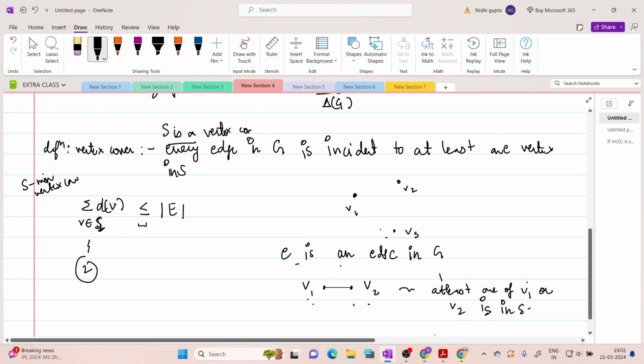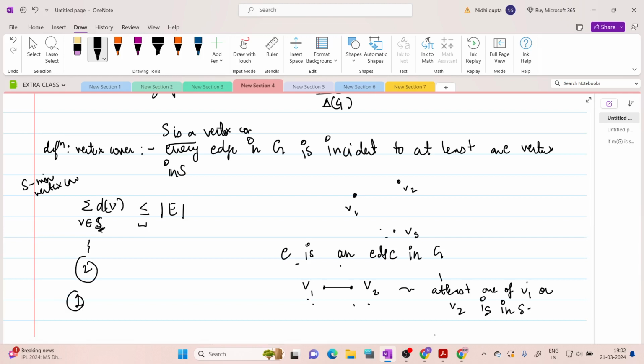If only one of them is in S, then it is contributing 1 to the LHS. Each edge is contributing either plus 1 or plus 2 to the LHS.